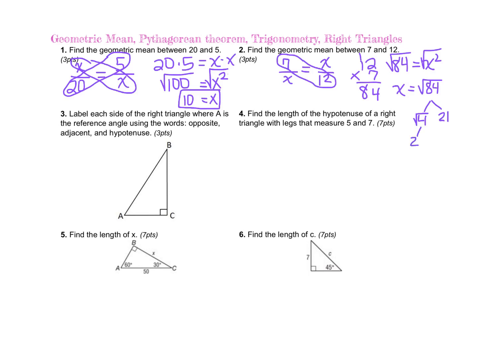So we could say that x is also equal to 2 multiplied by the square root of 21. And you could even plug this into your calculator. Let me show you what the decimal form would be like. If I were to convert this into a decimal, it would be about 9.17.